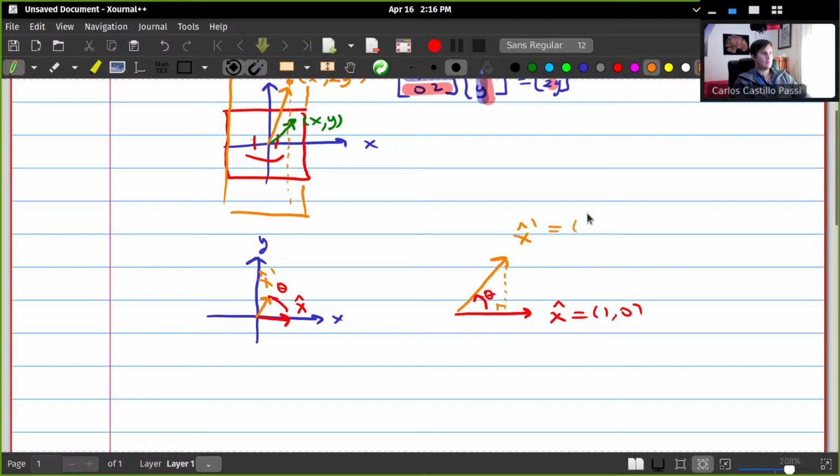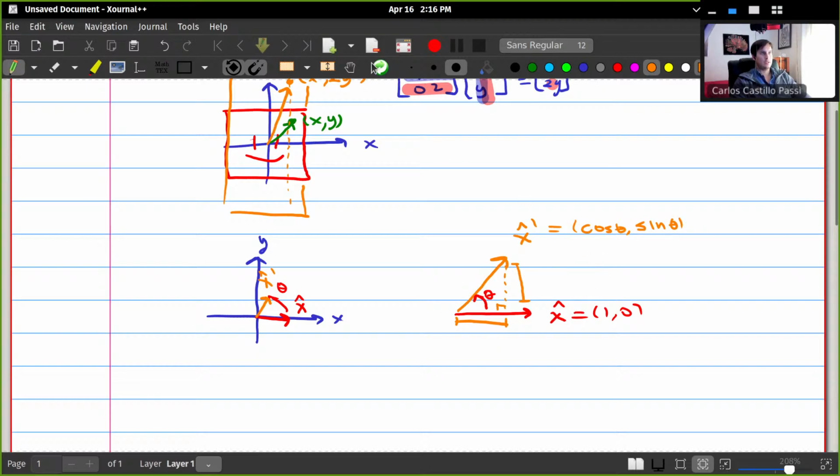What is the x component of this x hat prime? Cos theta. This one is the cosine of theta. And this one, the y component, is the sine of theta.